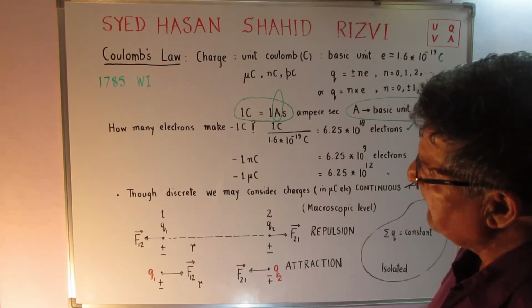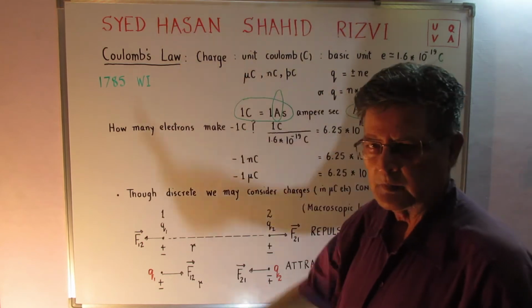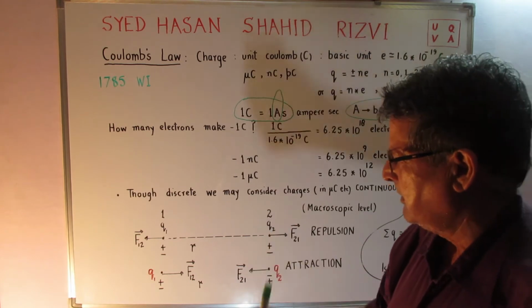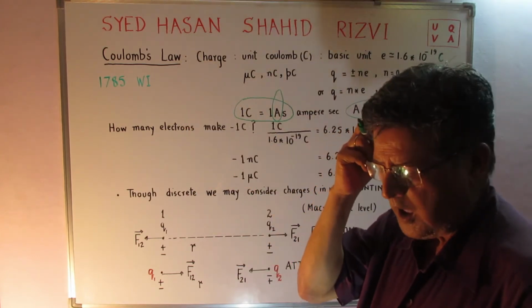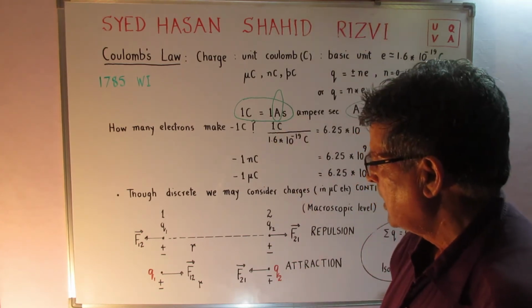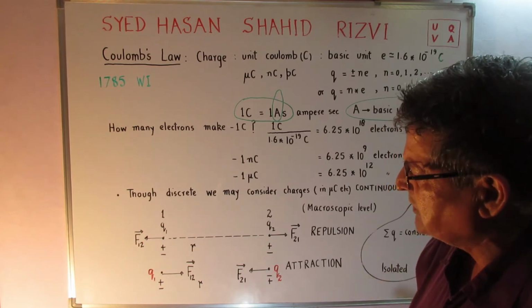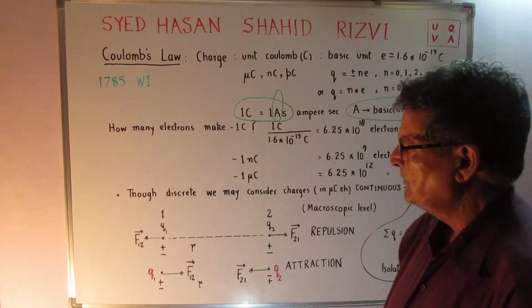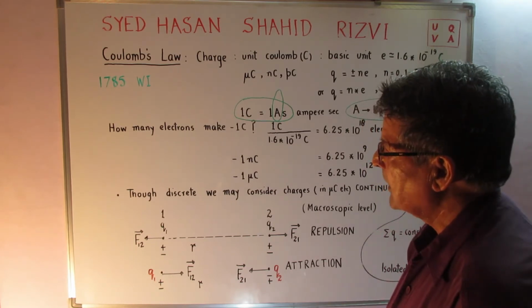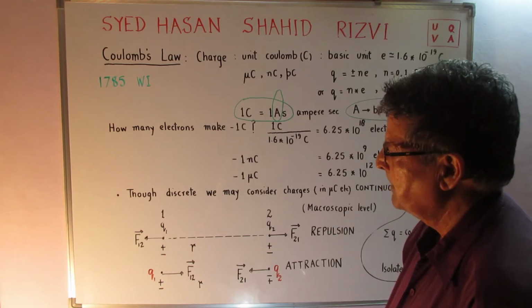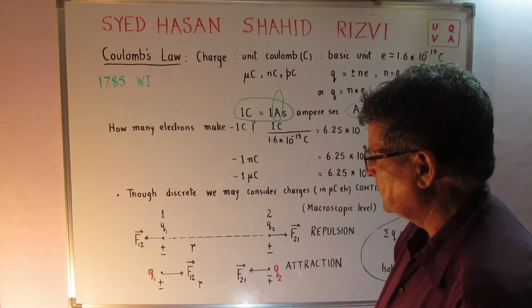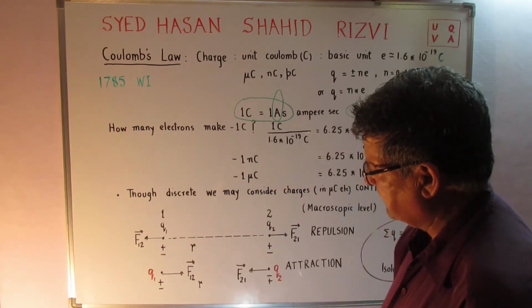Now, this man, Coulomb, he was a very painstaking engineer, and he conducted hundreds and thousands of sets of experiments, and the experiment was almost of the kind that we had in the case of gravitational verification, okay, for the gravitational force, which was in the Newtonian law of gravitation.